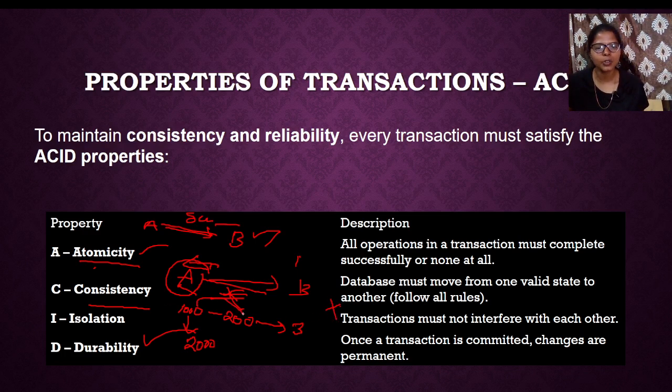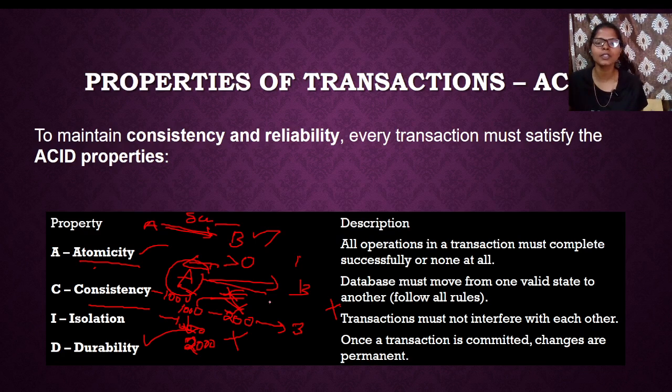It will send 2,000 rupees to B's account and add minus 1,000 rupees to A's account. Is it a correct transaction? No, right? A must follow the rule that it can debit the amount only if the balance is greater than zero. Otherwise it cannot debit or withdraw the amount.